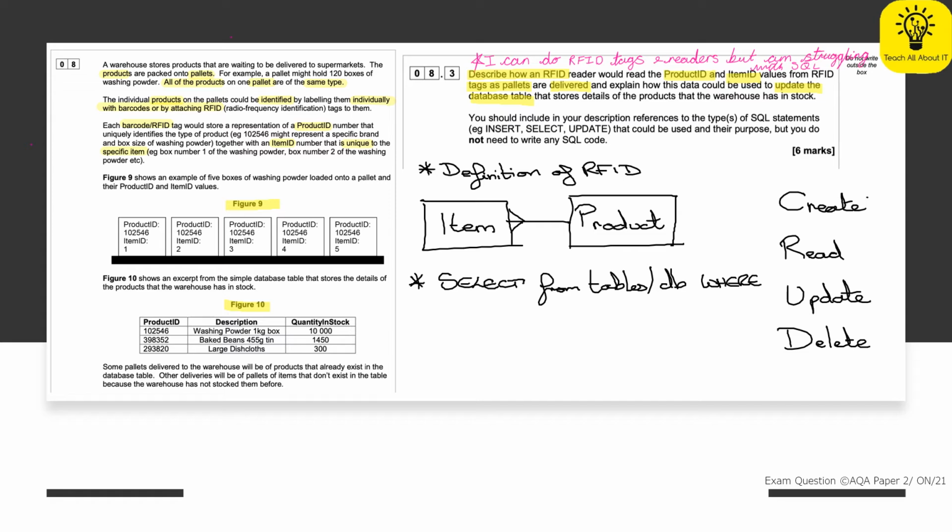So here I might select from that table or the database where the product ID and item ID is the same as the one that's been scanned.